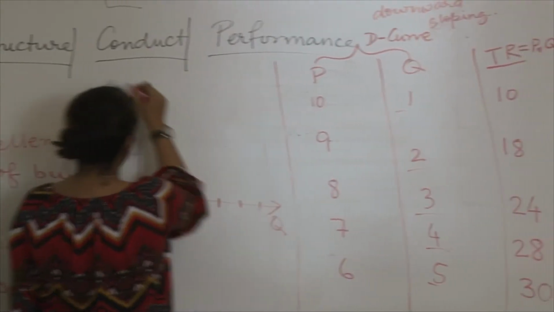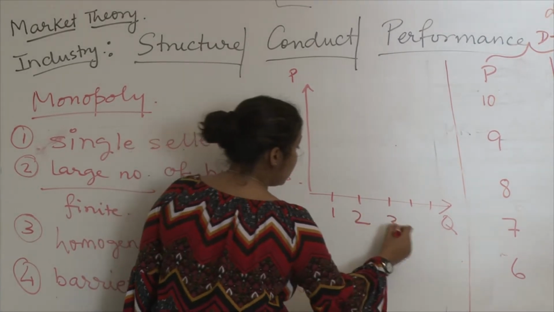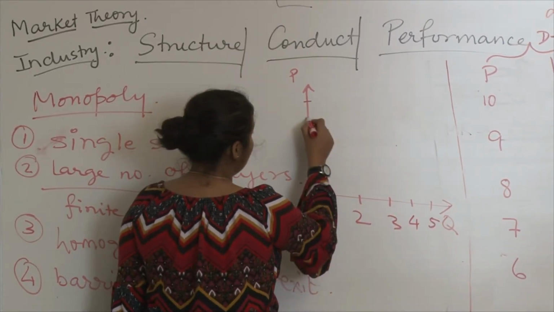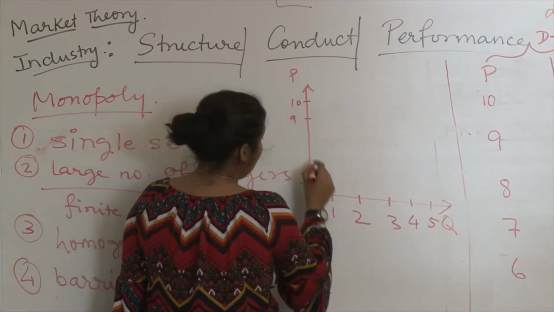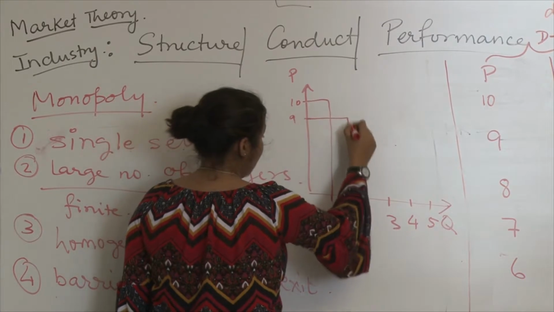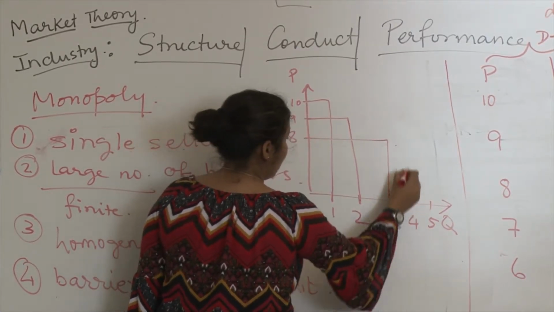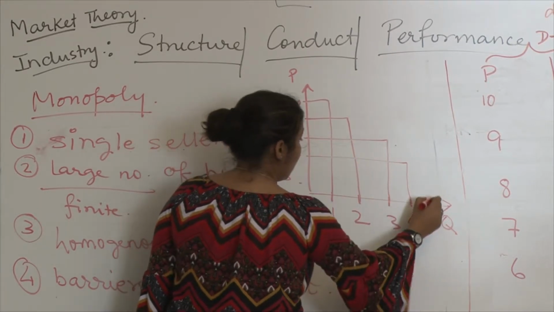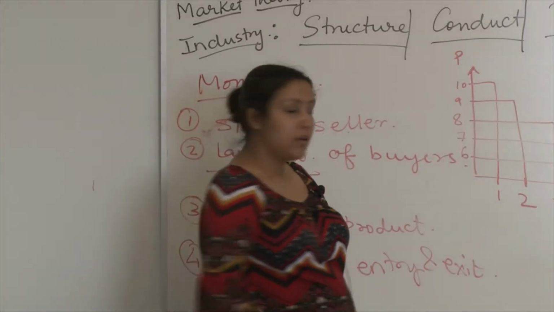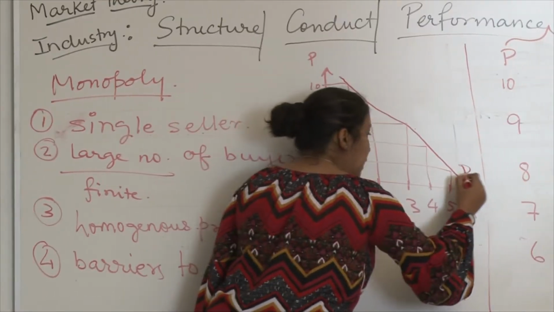If I am trying to plot price here, then this will be 10, 9, and so on down to 6, correct? And if I join those points, what I am going to get is the demand curve.